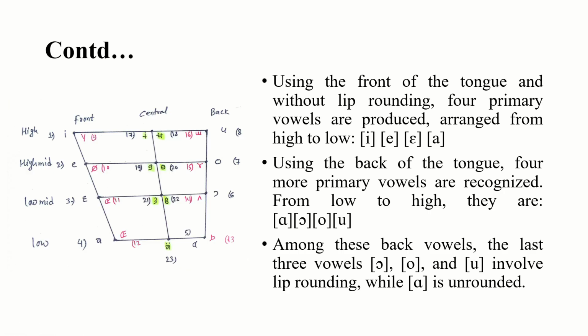Regarding the primary cardinal vowels, what you need to understand is that there are 8 primary cardinal vowels, 4 front and 4 back. Out of these, all 4 front are unrounded. And regarding the back primary cardinal vowels, 5 is unrounded, and 6, 7, 8 are rounded.